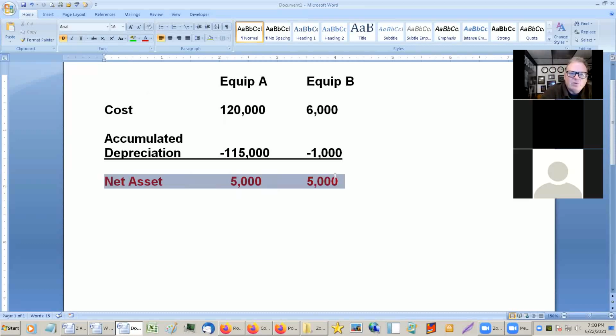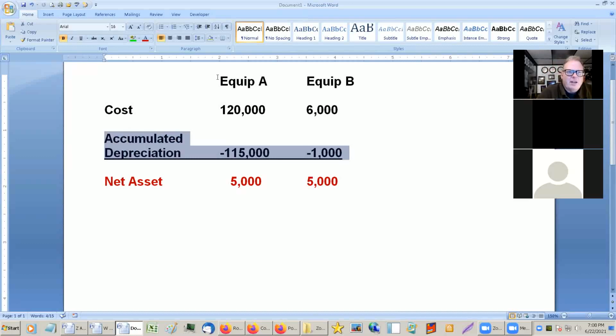And if we just wrote off the accounts, you wouldn't know that information. These two look identical. You think they're the same thing, the same size and same age and everything else, whereas actually they're very different. So this is why we have this irritating accumulated depreciation account, because it gives people who analyze financial statements information. Really that's what we're doing, trying to give people information so that they can use it to make decisions.